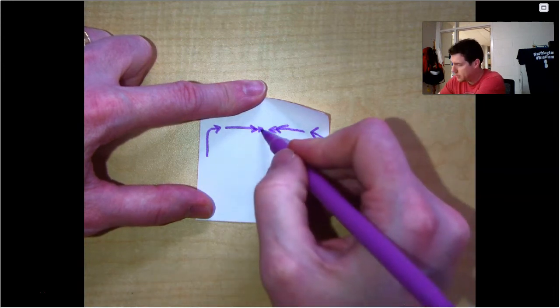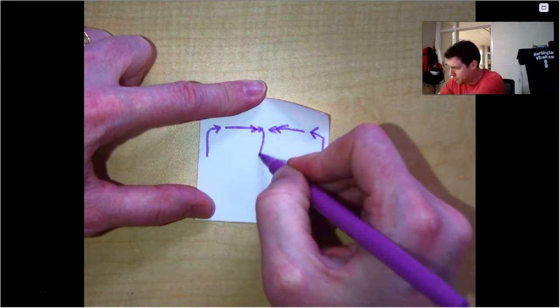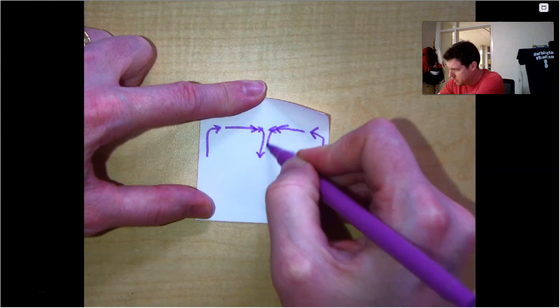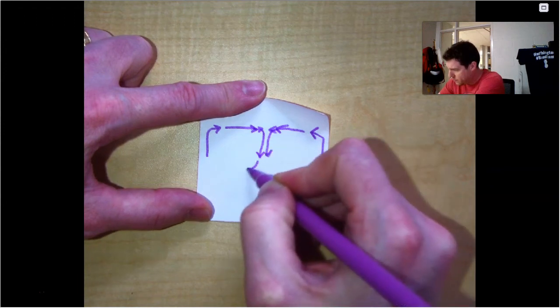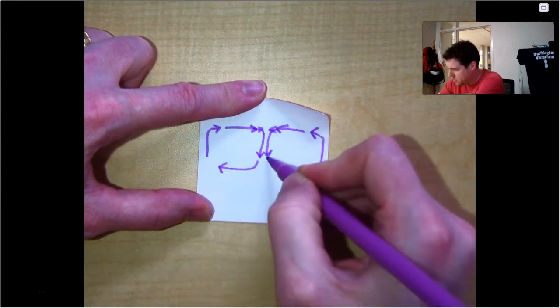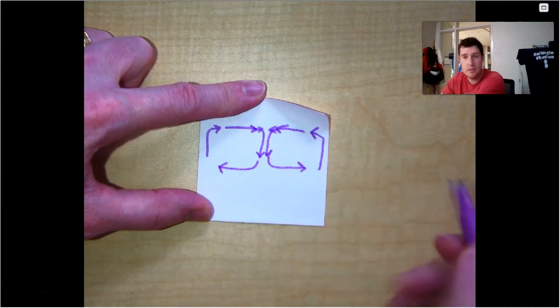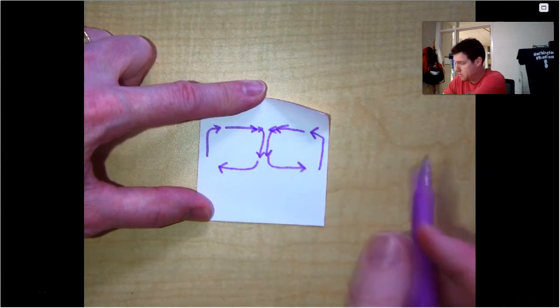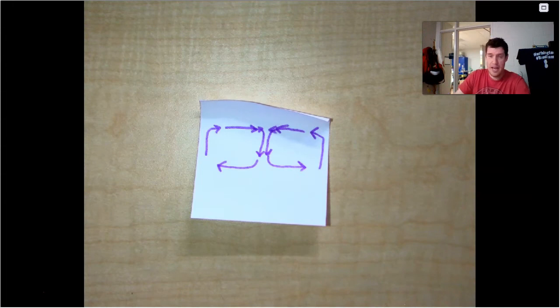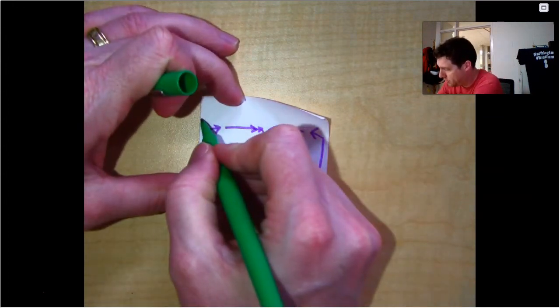Boom. The only thing it can do is drop down, where the asthenosphere does this. Well, that is what's happening under convergent boundaries.